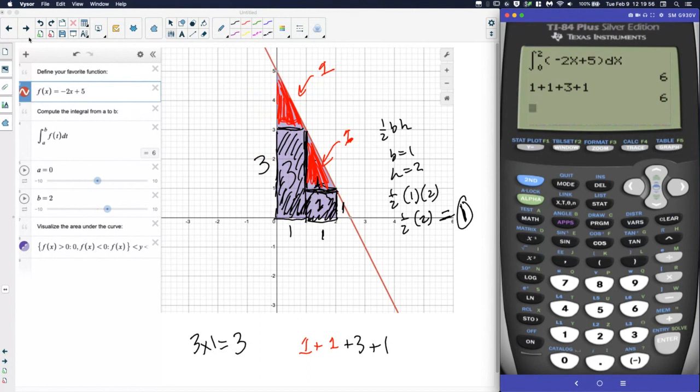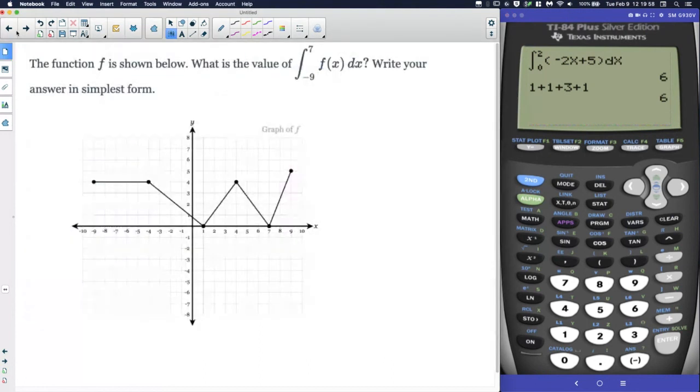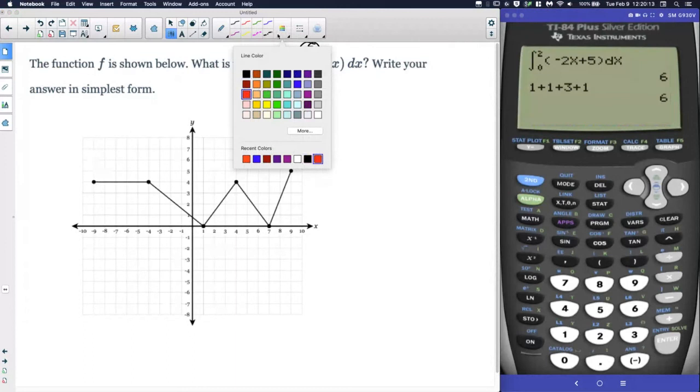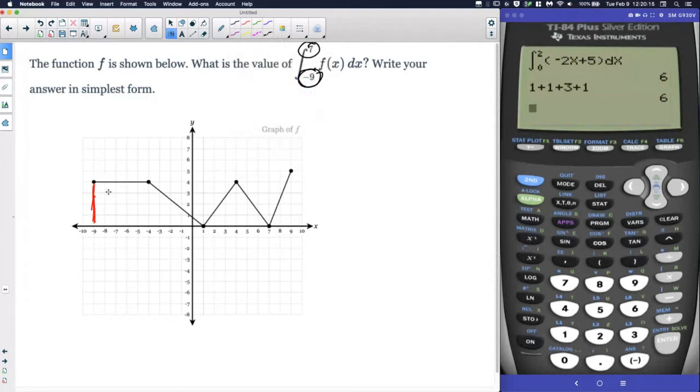And when I told you sometimes you're not given the equation, it'll look like this. So our practice is on Delta Math today. And so they'll say, okay, find the integral between -9 and 7. So from here to here, right here.